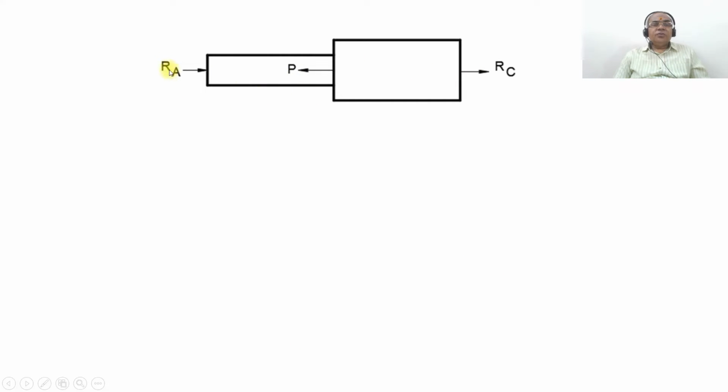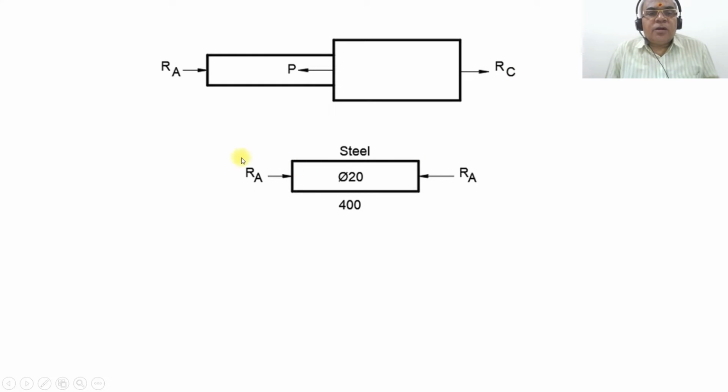Now, we are going to analyze this problem with the free body diagram by considering the different sections. So, we have RA, which I have already explained, and also the P, and here it is RC. Now, when you are considering the steel rod, because we have the load P acting, naturally that P is going to be here. And in order to keep this in equilibrium, this section is going to have RA, and the reaction is acting toward the right side, so that also becomes RA.